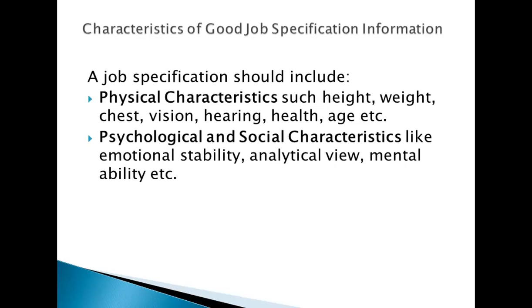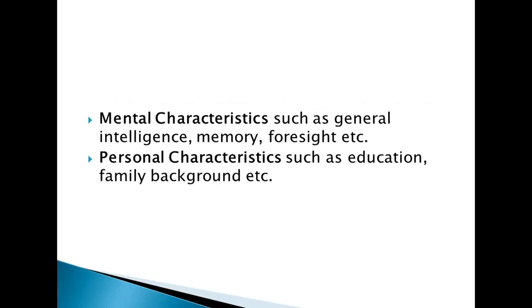The second, psychological and social characteristics like emotional stability, analytical view, mental ability. So a job specification should include what level of emotional stability, what level of reasoning ability we expect from the person performing a particular job, mental ability, and everything. Now, mental characteristics such as general intelligence, memory, foresight, etc. So these things will be specified.